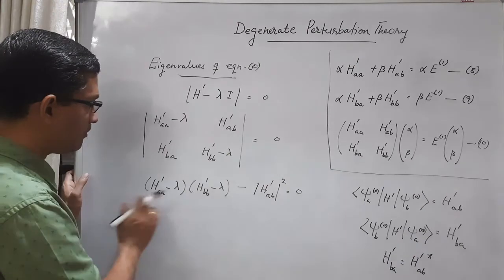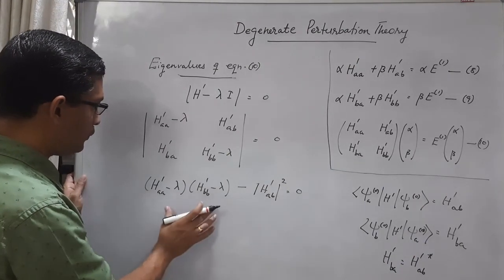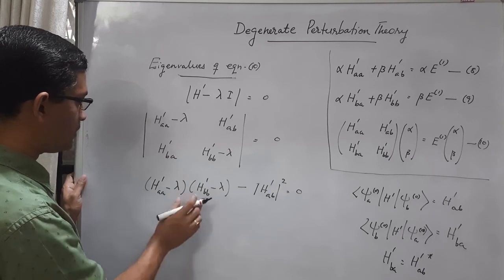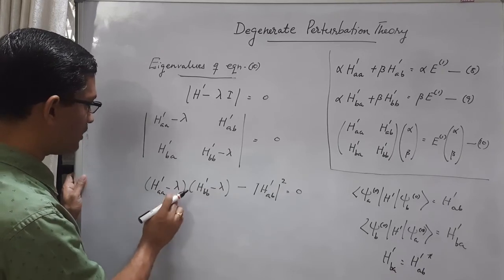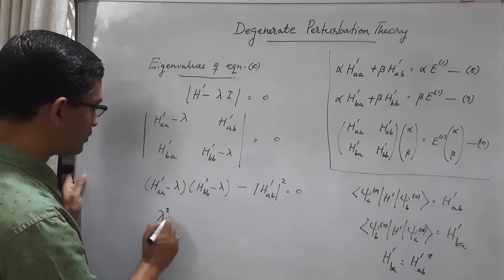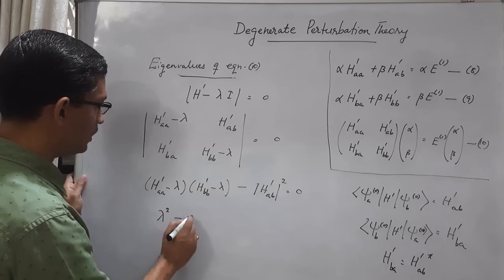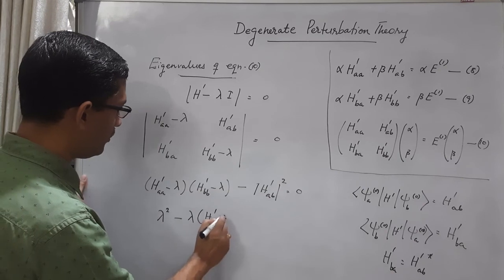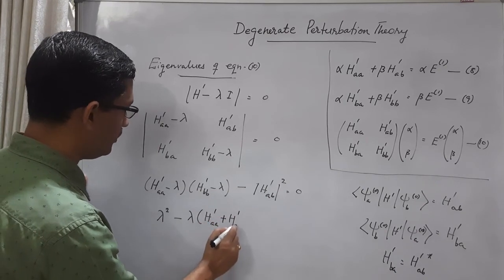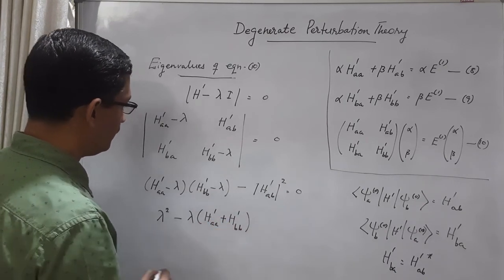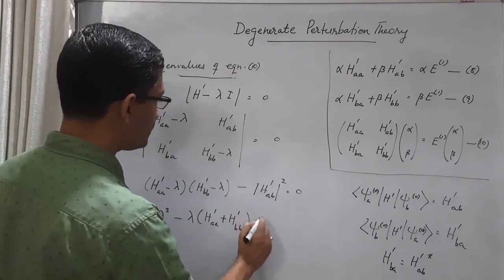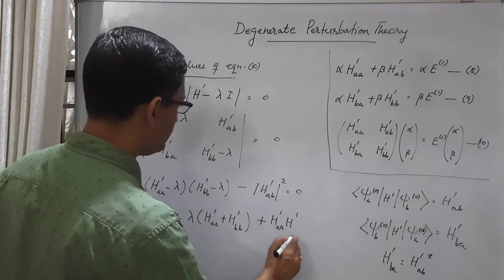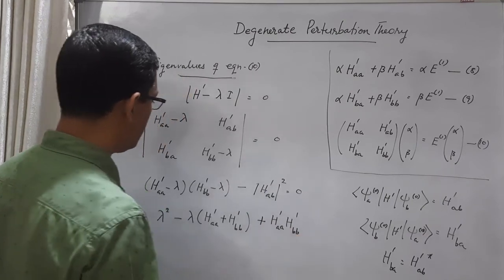Let us expand this. If you expand this one, I will first write the lambda square term. Minus lambda into minus lambda gives a lambda square, minus lambda times H prime AA plus H prime BB, then plus H prime AA, H prime BB, the product of these two.